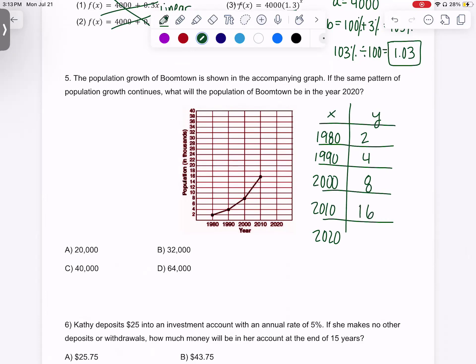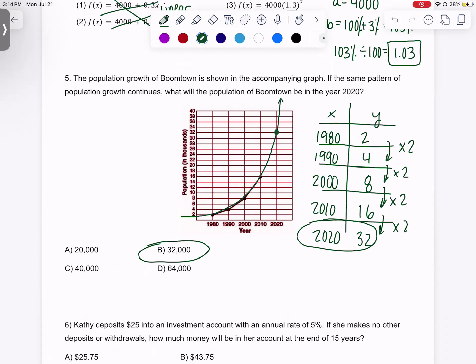How much will it be in 2020? Well, going up exponentially by 2, doubling, the next amount should be 32,000. Choice B. If we graphed it, that'll be right there. Follows that beautiful exponential pattern.